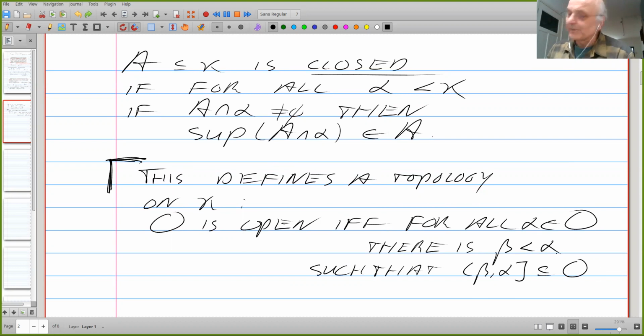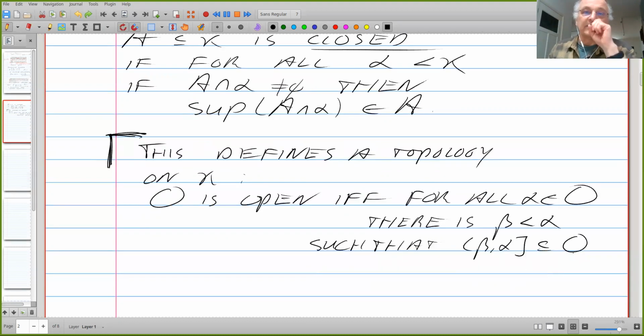So this only makes sense for alphas bigger than 0. But those are the points where the interesting things happen.